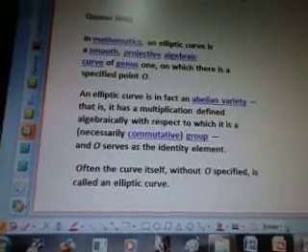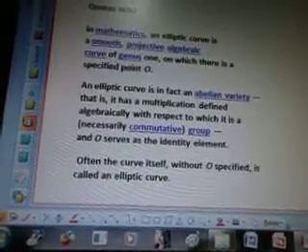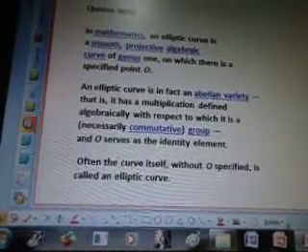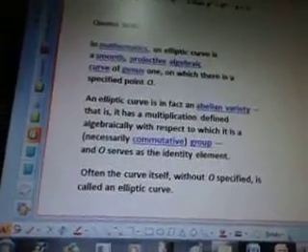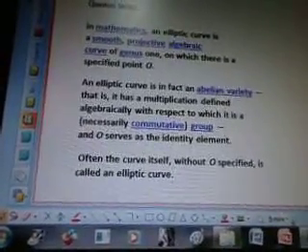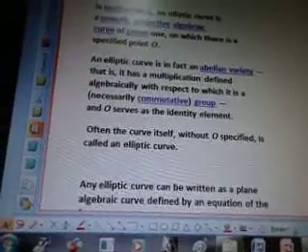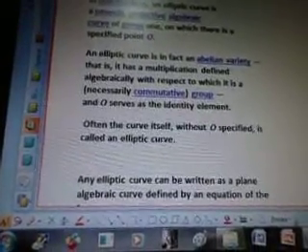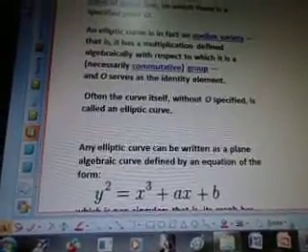An elliptic curve is in fact an Abelian variety. That is, it has a multiplication defined algebraically with respect to which it is necessarily a commutative group, and O serves as the identity element, or 0. Often the curve itself, without O specified, is called an elliptic curve.